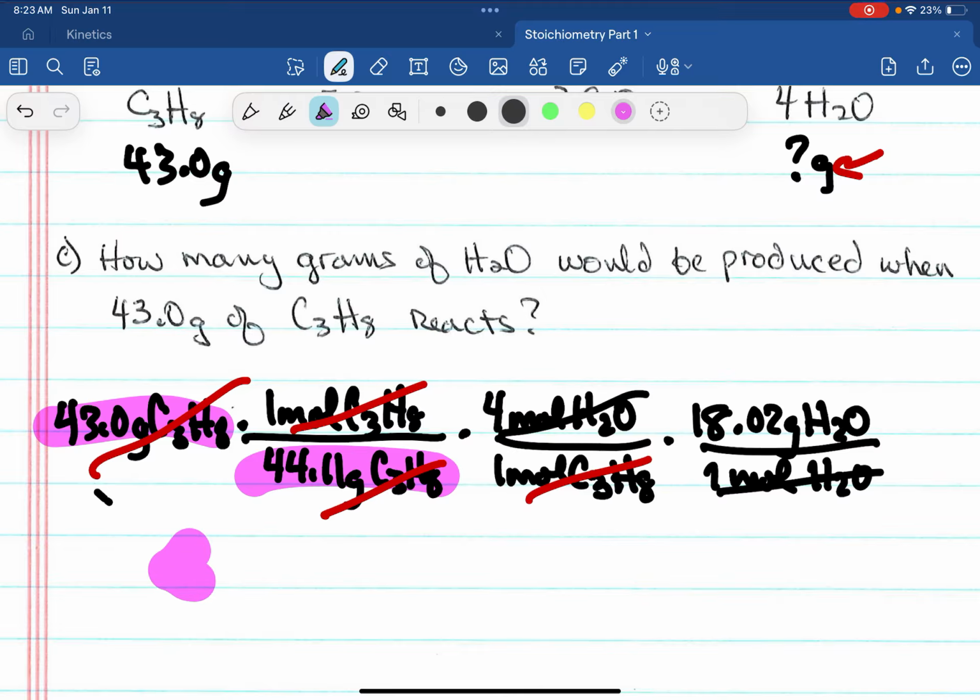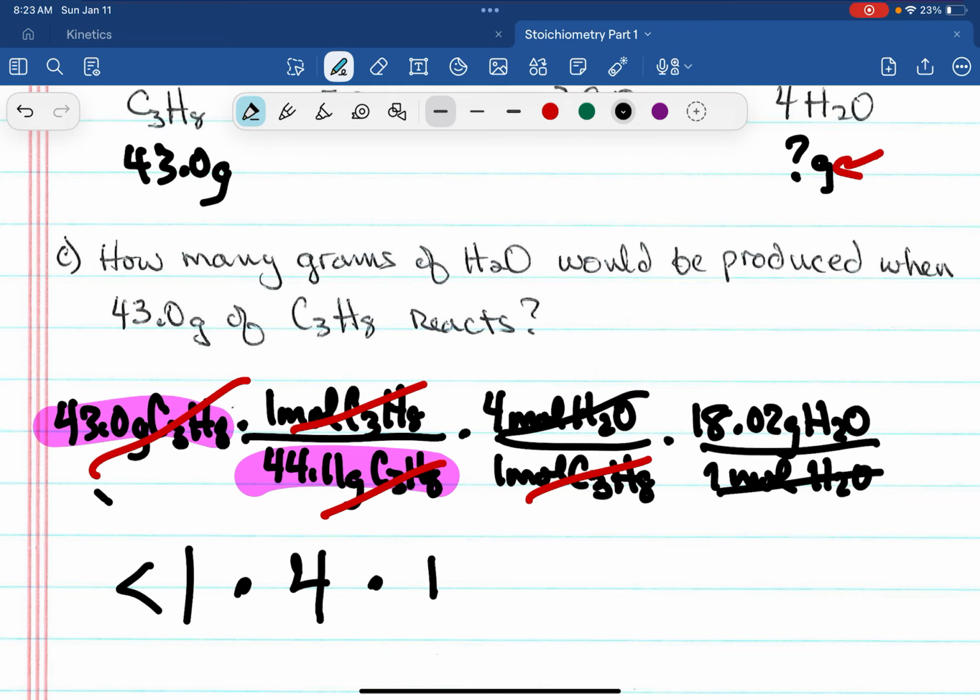So just under 1 times 4 times 18, which is just less than 20, right? So it's going to be a number less than 4 times 20, which would be 80. My answer should be less than 80.